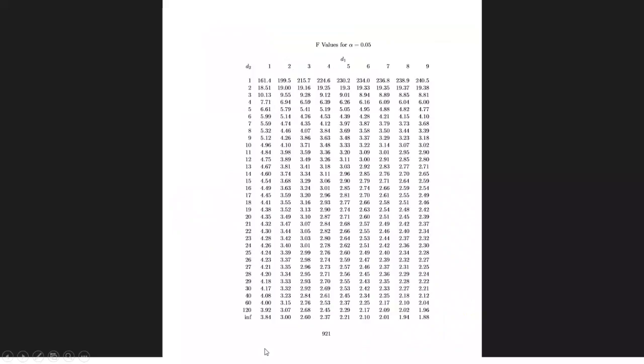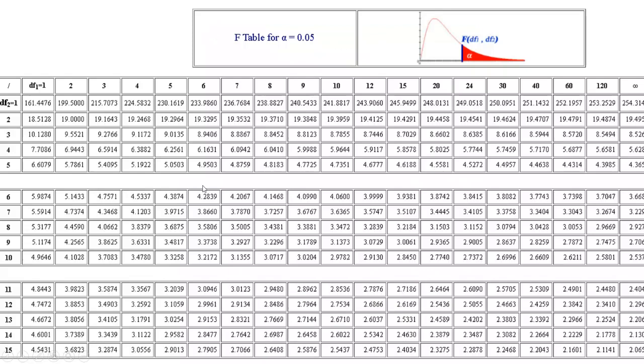Now, we will see the F table for these values. df1 was 2 and df2 was 15.